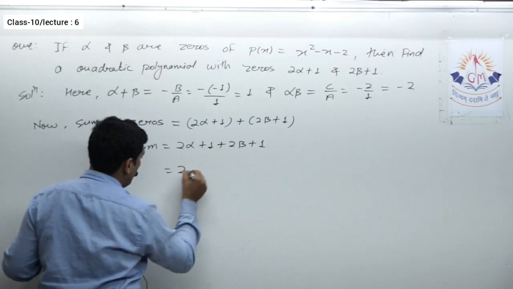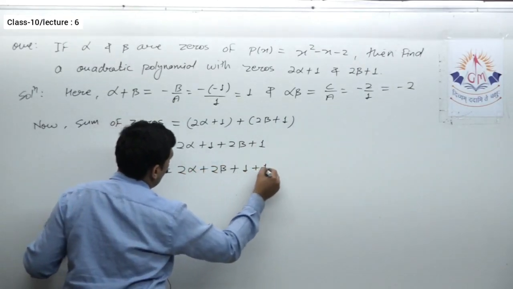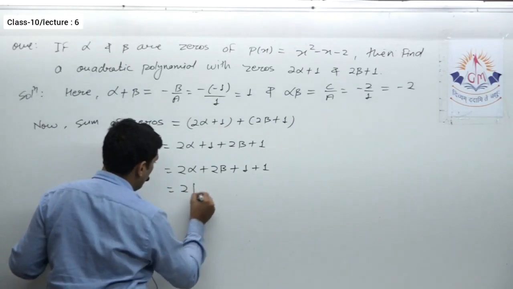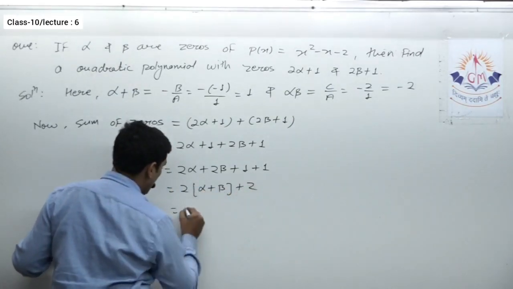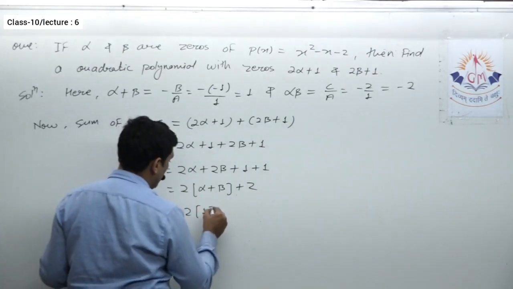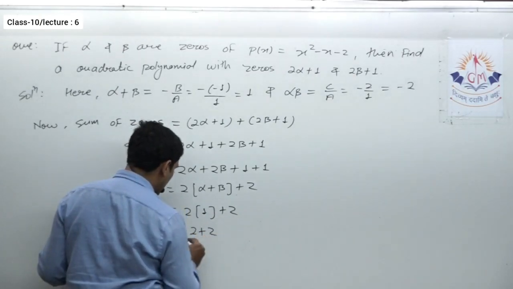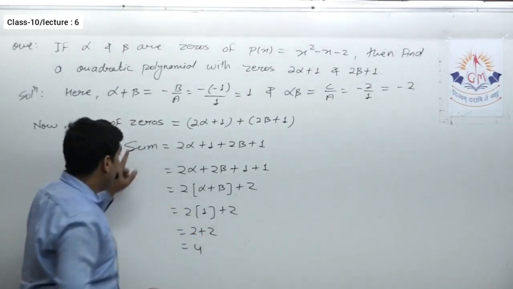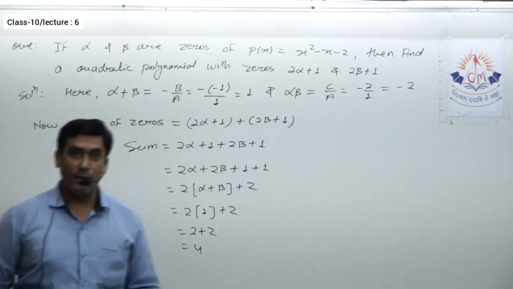So I can write 2 alpha plus 2 beta plus 1 plus 1. If I take 2 common, 2 times alpha plus beta, plus 2. Now in place of alpha plus beta I can put 1. That means 2 plus 2, that is 4. So this is the sum of the required polynomial's zeros.